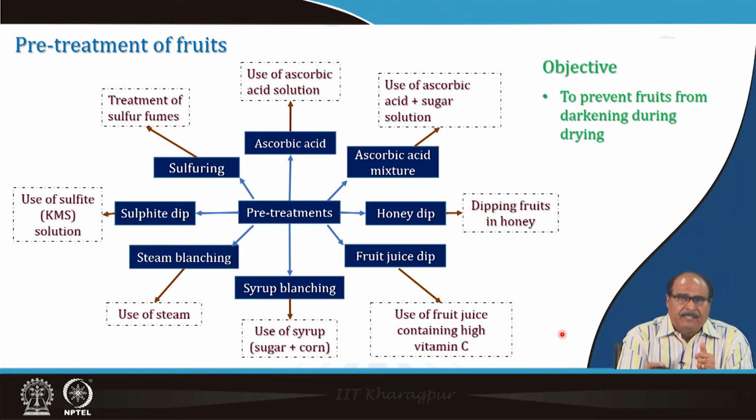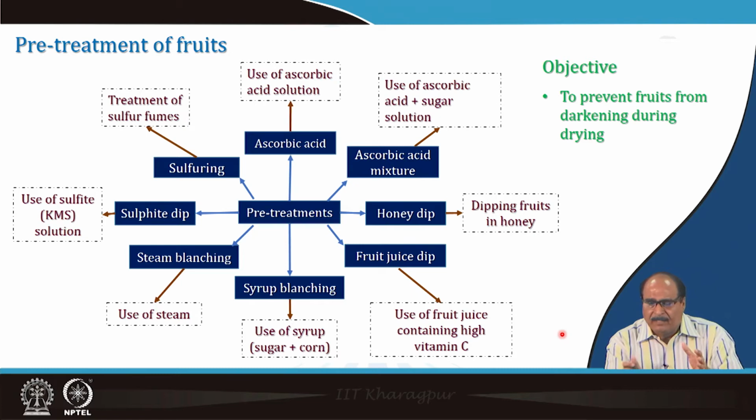There are different pre-treatments to prevent the fruit or vegetable from darkening during the drying process, particularly blanching to inactivate the enzymes.